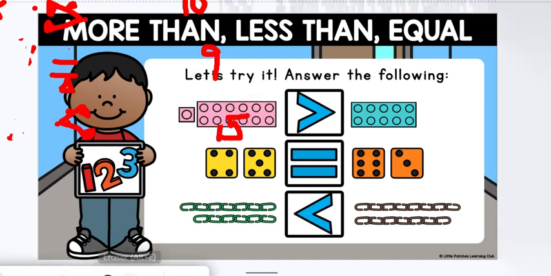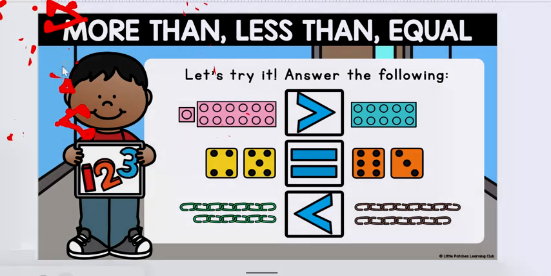Well, this is our answer. And so it looks like we were correct, right? Because we said, let me erase all this off here.